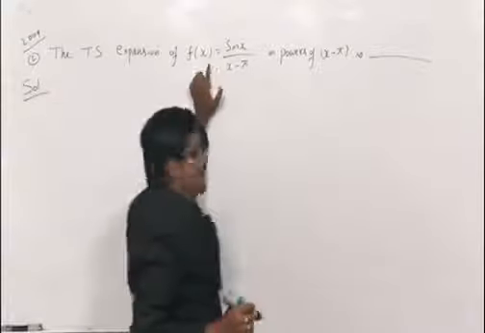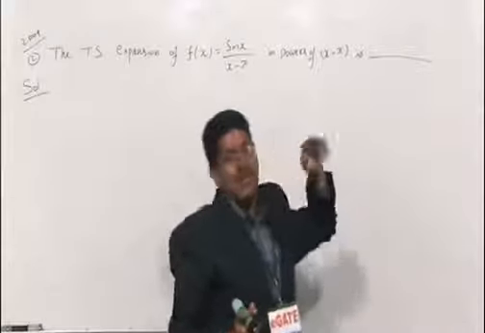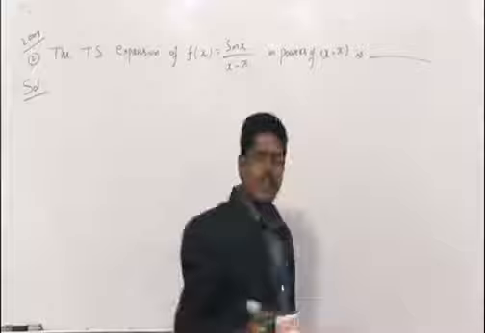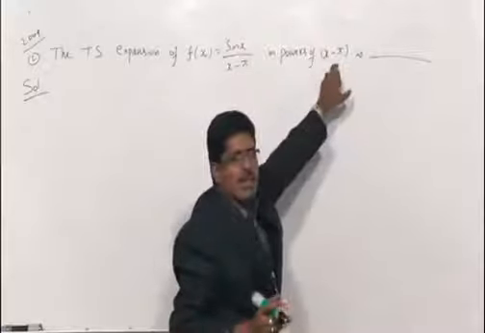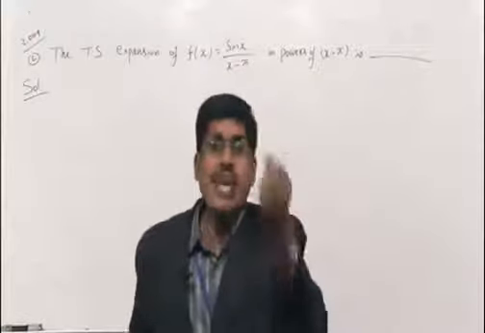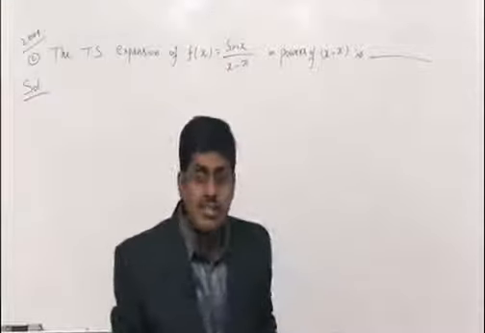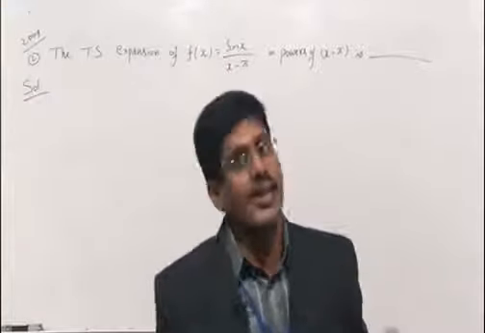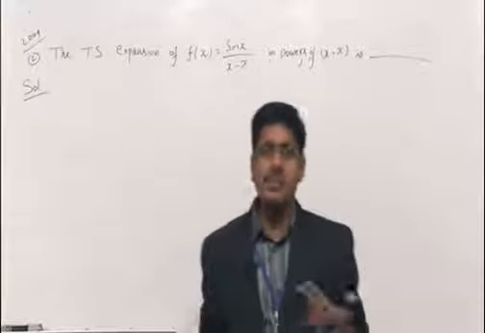If you go by the previous method, f dash x, f double dash x, at least 2 or 3 derivatives, depending on the options, every time you need to use the u by v rule. And if you substitute a is equal to pi, comparing with the definition in powers of x minus a, the first term itself gives 0 by 0, then everywhere you need to apply L'Hospital rule. So the problem becomes laborious.